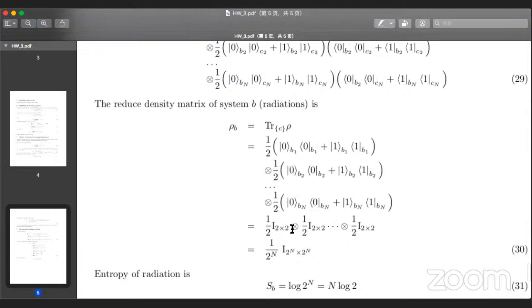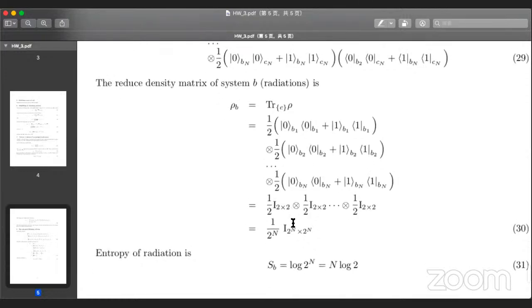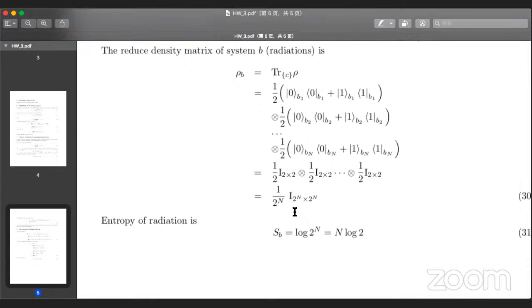Reading this in matrix form, the first one is half times the 2 by 2 identity, and the second one is the same identity but with different labels. Taking the product, the identity times identity gives a 4 by 4 identity. So you can see it is a diagonalized form with even distribution.